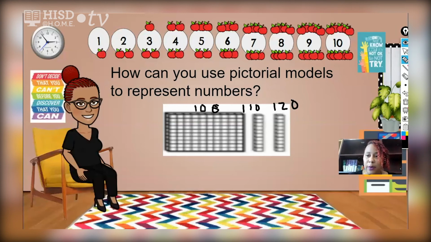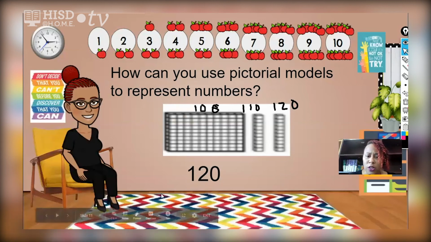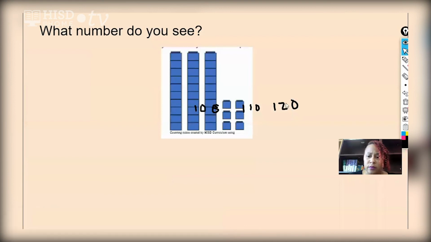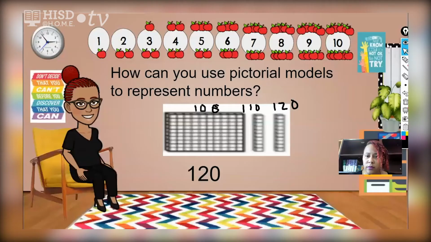So the number that's being represented here is 120. So what did we use to show 120? So the number being shown here is 120.